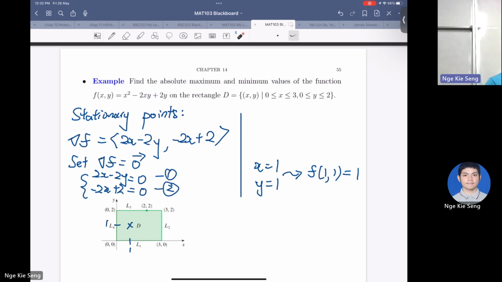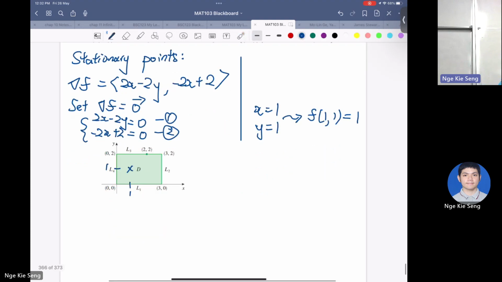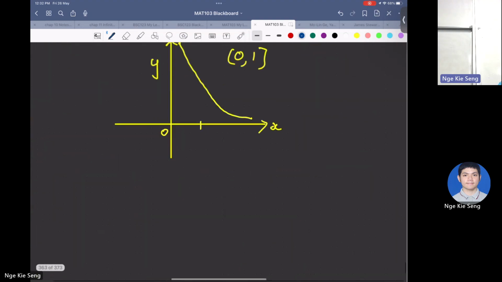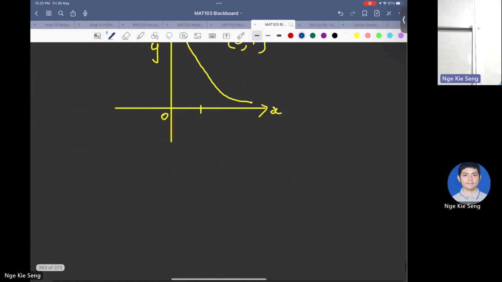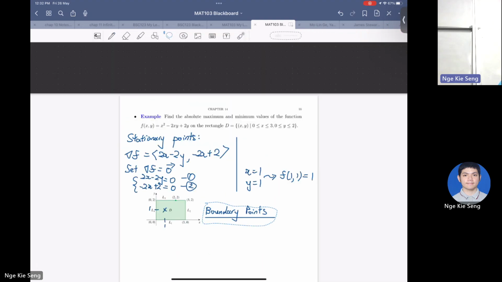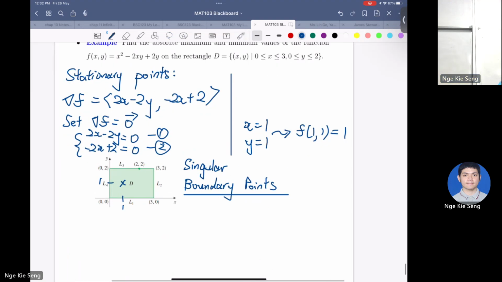So you need to check all these boundary lines. Non-differentiable points, did we give any name just now? Singular point. So we will say that the singular point doesn't exist.